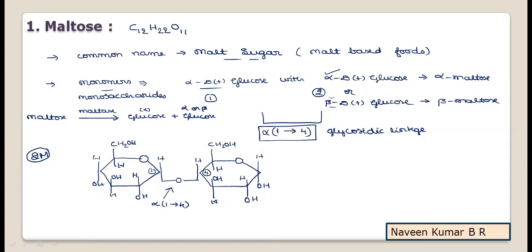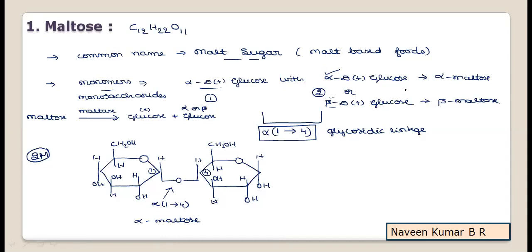It is alpha 1,4 glycosidic linkage. Then you write the name alpha maltose, or simply you can write it as maltose also. You can practice more technical names, which are helpful for competitive exams. How to write the technical names of disaccharides, we will concentrate on in the competitive classes. So this is the basic information about the first disaccharide, maltose.